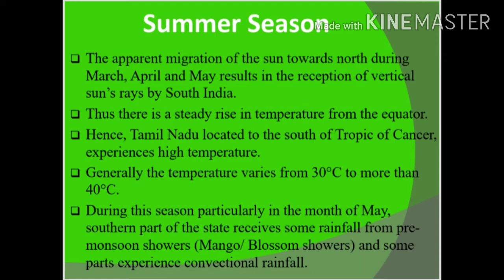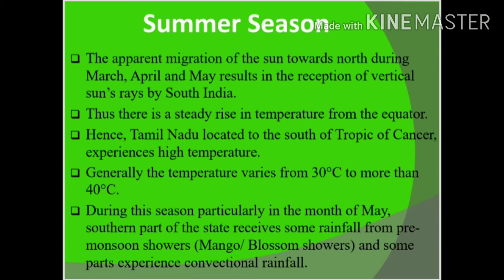During this season, in the month of May, the southern part of the state receives some rainfall from pre-monsoon showers. So during the summer season, in the months of April and May, we get blossom showers. During that time, the farmers ripen the mangoes, so you get the mango season also.